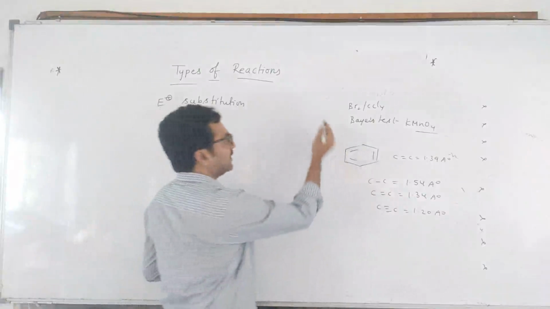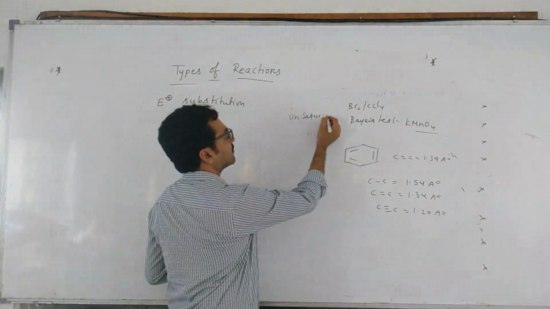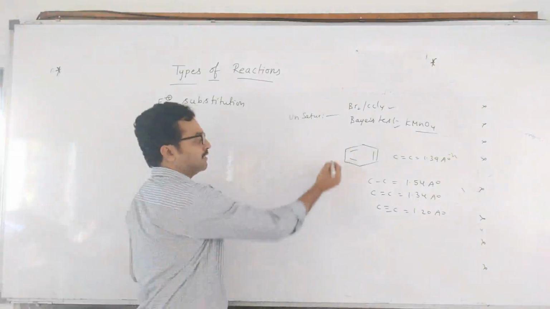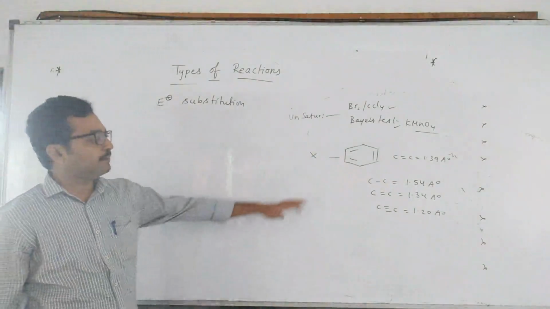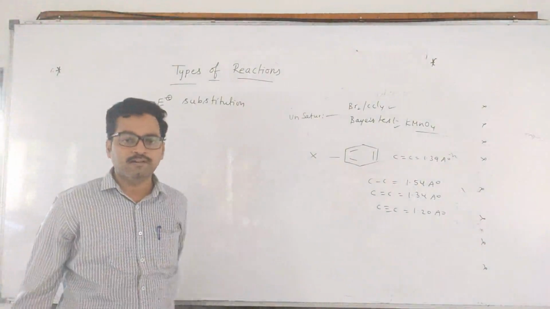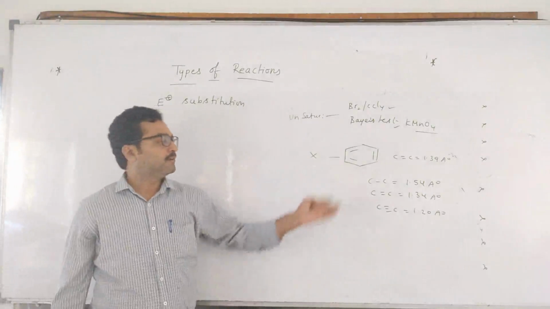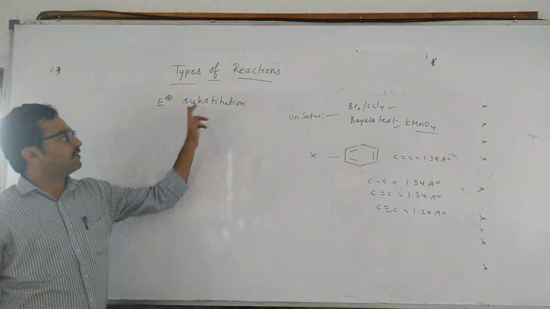If a compound is unsaturated, it has to give these tests. Unsaturated compound should give these two tests. But benzene does not give these two tests. Okay? So that is why benzene is called as a which compound, children? Saturated compound. Okay? Means saturation character will be there. So as it is saturated, so it undergoes what type of reactions?